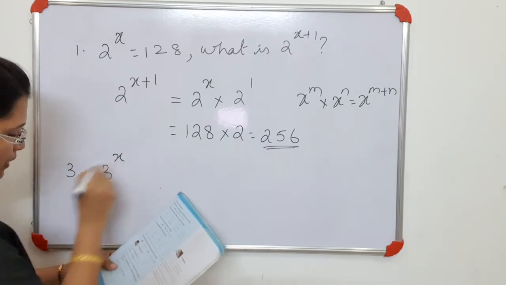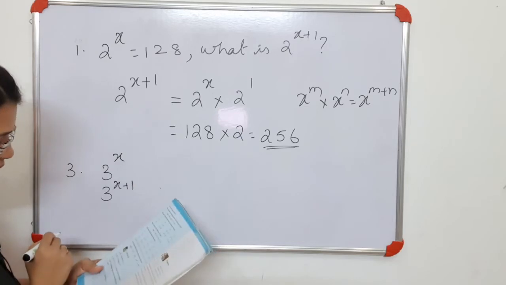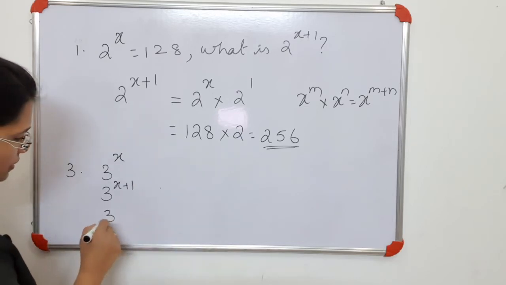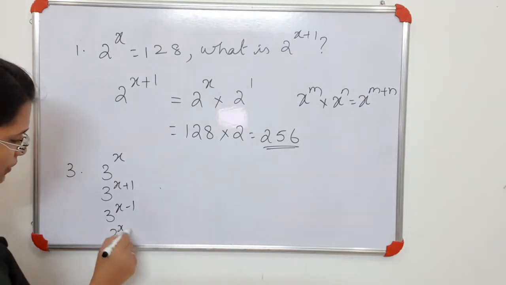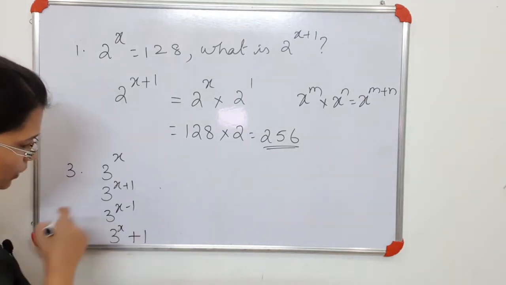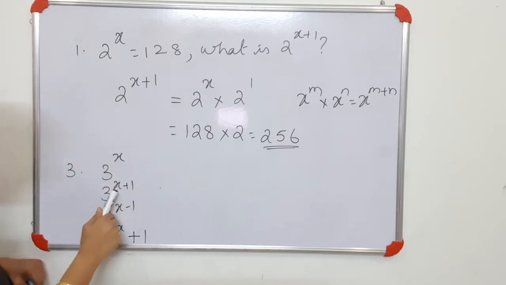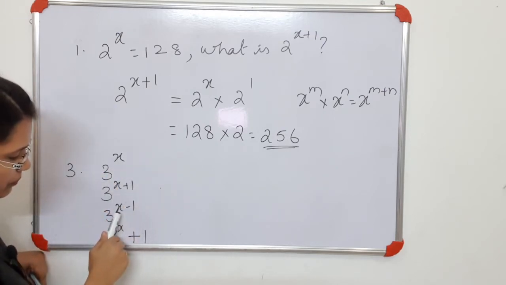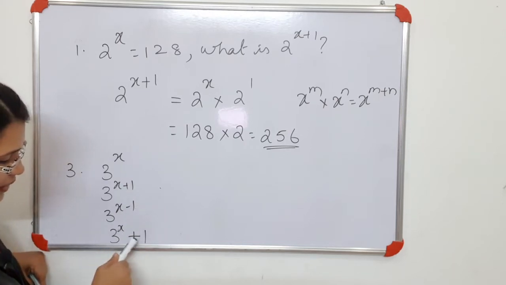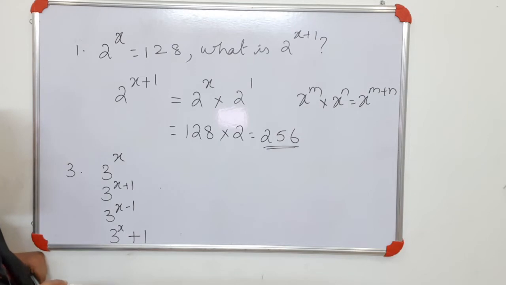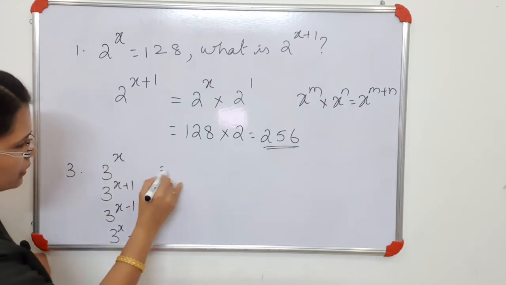Here the exponent is x, here the exponent is x plus 1, here the exponent is x minus 1, and here the exponent is only x and then plus 1. That is the question. So you can put any number for x.